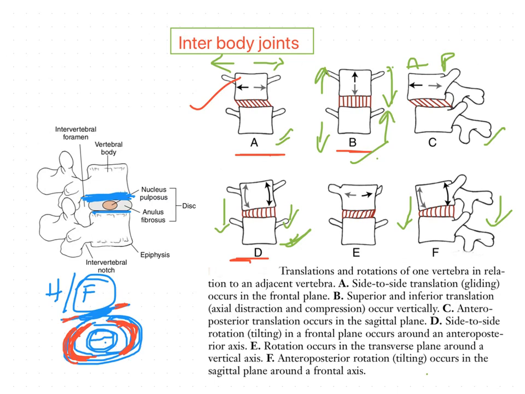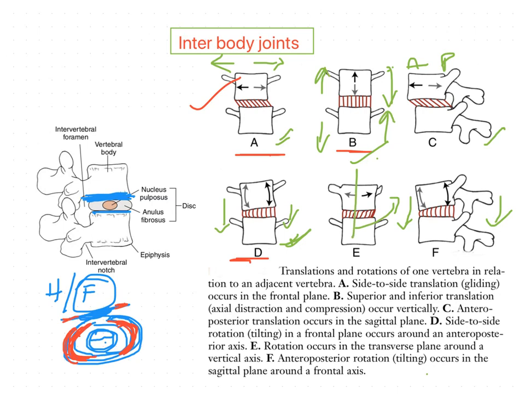Side to side tilting, D, occurs in the frontal plane. So the movement which occurs in the frontal plane, what is the axis? AP axis. Next, rotation occurs in the transverse plane around the vertical axis.